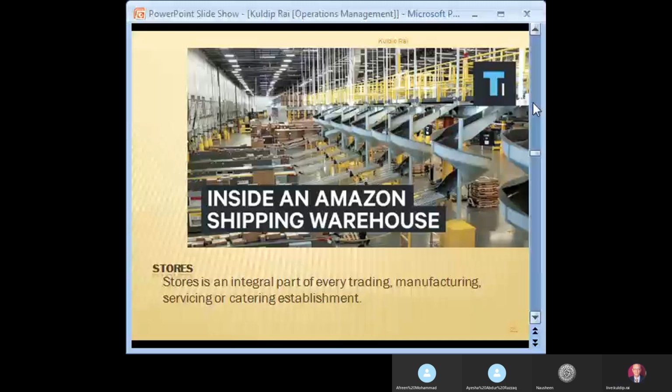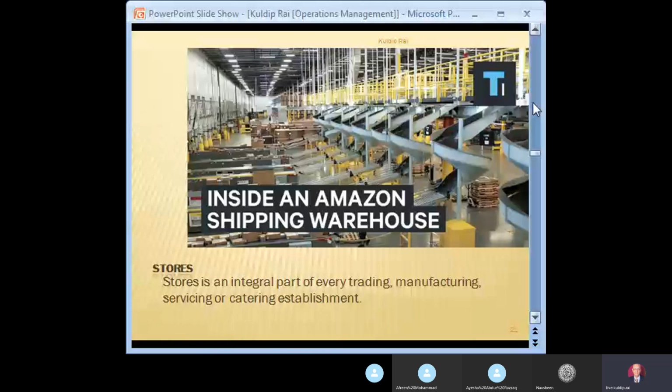So after your MBA, suppose you are among the very few lucky persons who get a job in Amazon, it's quite possible that you will be made responsible for some such warehouse.